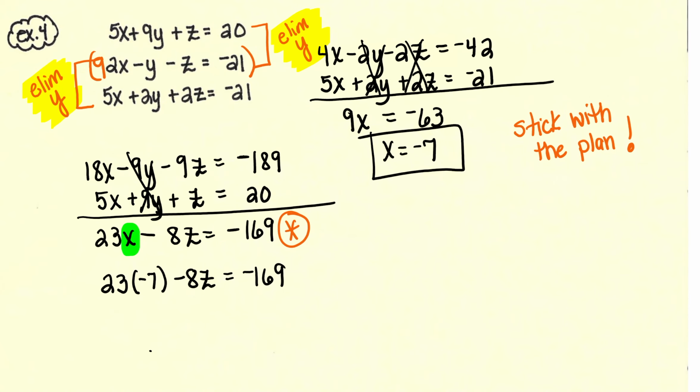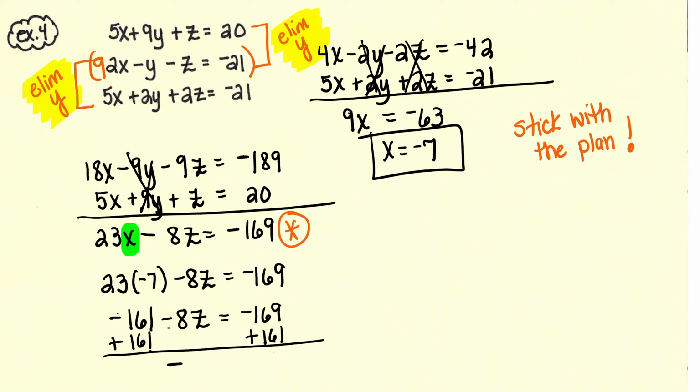So then I'm going to say 23 times negative 7, which is negative 161, minus 8z is equal to negative 169. Add your 161 to both sides. That's negative 8z. Make sure you're bringing your signs down.